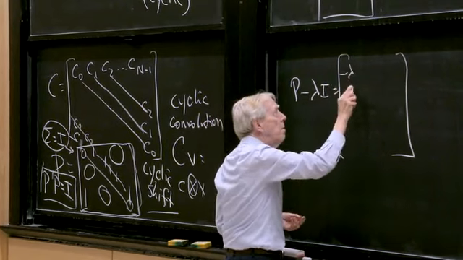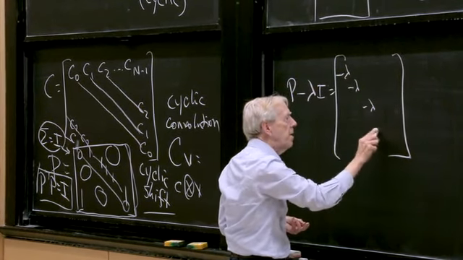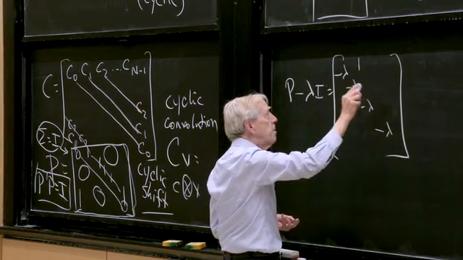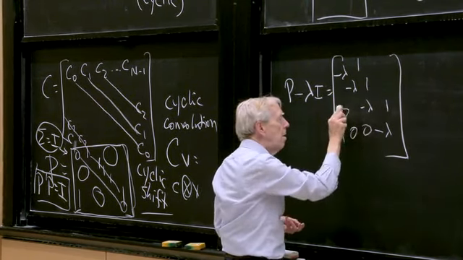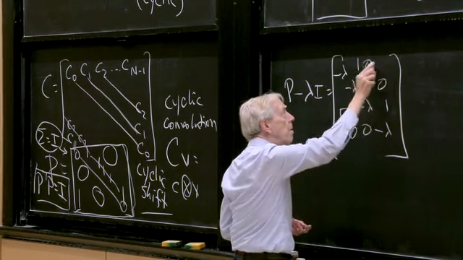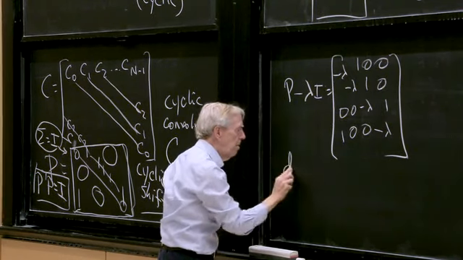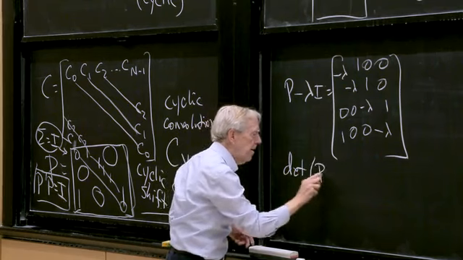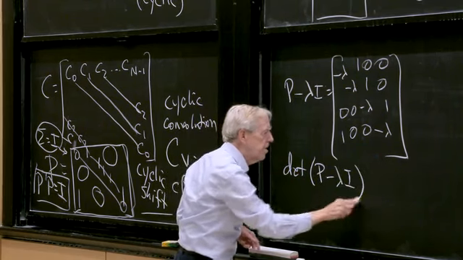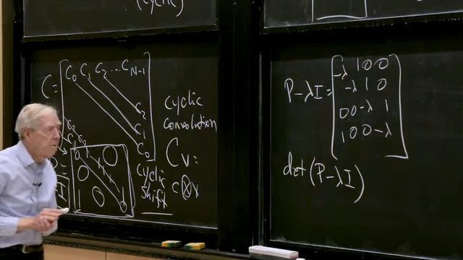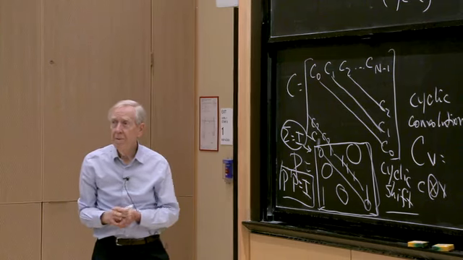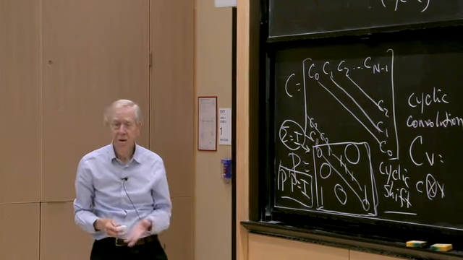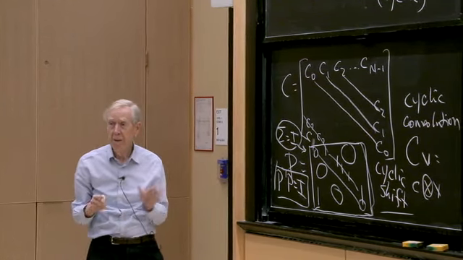So put minus lambda on the diagonal, and of course P is sitting up here, and then the rest is 0. Okay, so now following the 1806 rule, I should take that determinant, right? And set it to 0. This is one of the very few occasions we can actually do it, so allow me to do it.